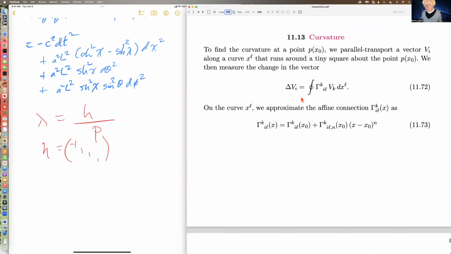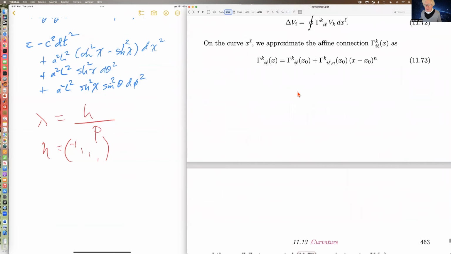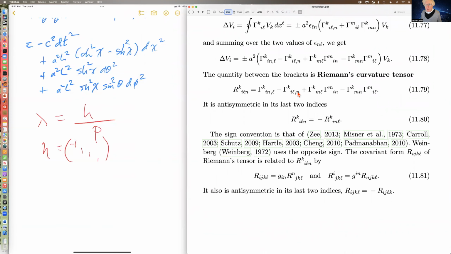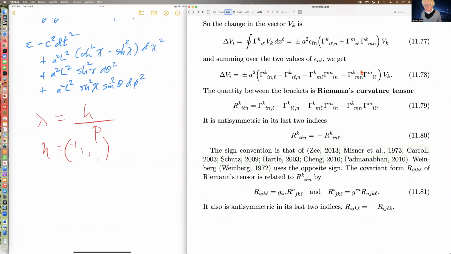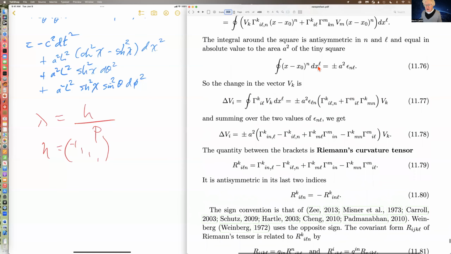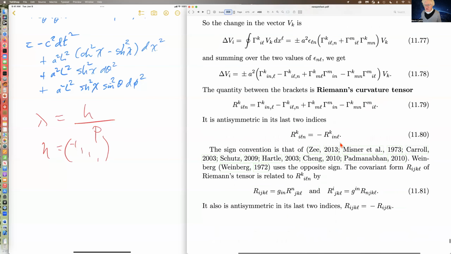You compute the change in a vector that's parallel transported around a square. And what we found was that it involved something that was explicitly antisymmetric because this integral is antisymmetric in n and l. And this quantity here then is called Riemann's curvature tensor.